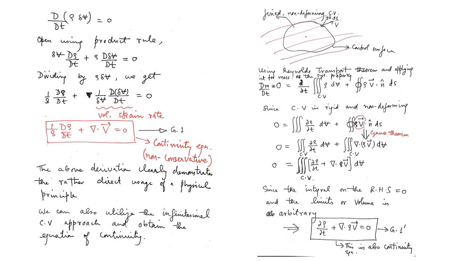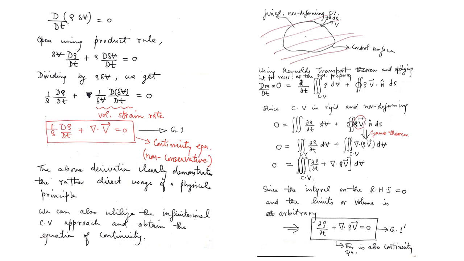But in this case we have considered a very simple case of fixed and non-deforming, so we can easily push this derivative inside the volume integral. The second integral is the surface integral of rho into velocity vector, dot n cap dS. So what is this term? This is the net, instantaneous mass flow rate through the surface of the control volume.